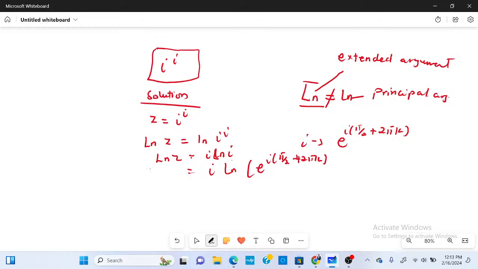So Ln z is simply equal to i multiplying the expression. This and this will bring the top down, i pi on 2 plus 2 pi k.